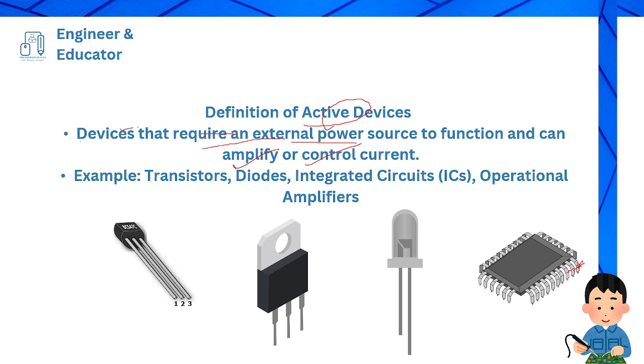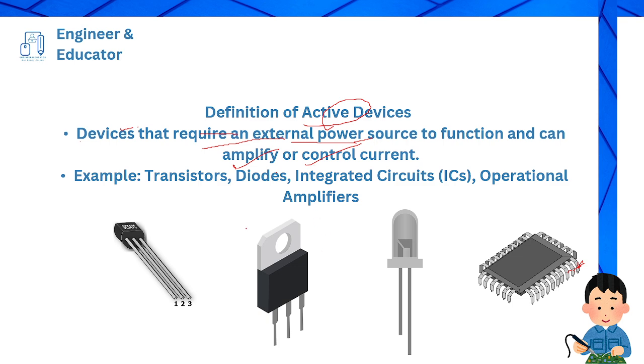Active devices are the devices that require an external power source to function and they can amplify or control current. Examples are transistors, diodes, and a light emitting diode.